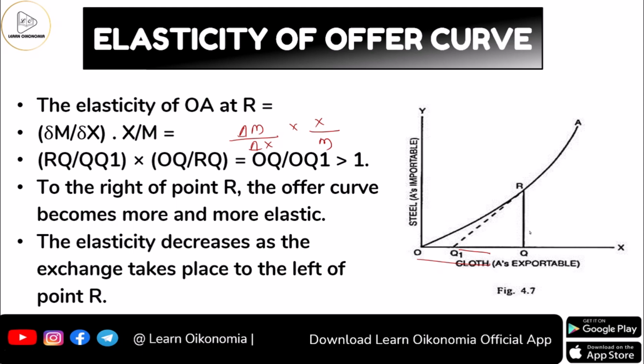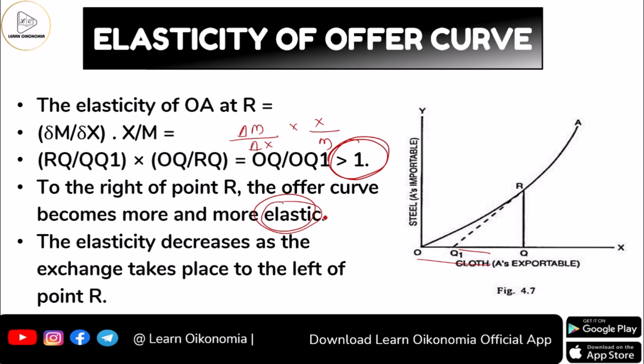Okay, and this is something that you can see is a value that is greater than 1. From this what we could see is that whenever you move to the right of point R, the offer curve would be more elastic.